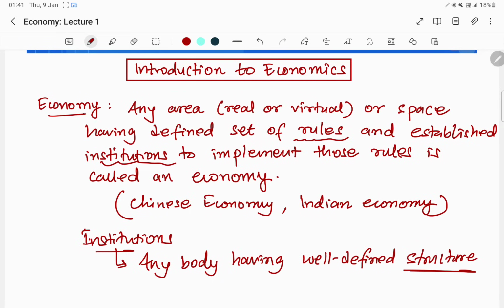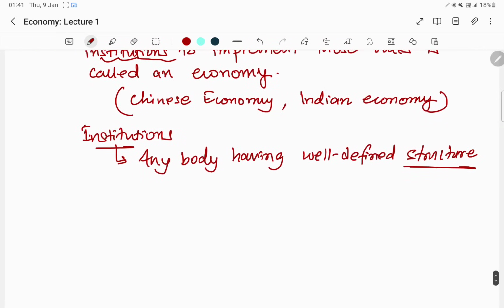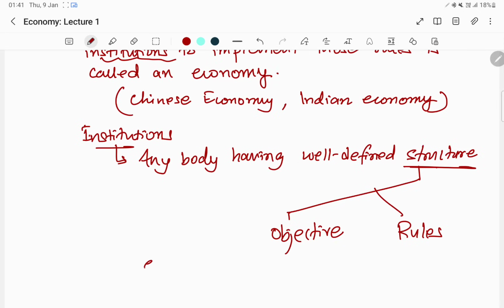Any body having a well defined structure is called an institution. But what do we mean by structure? So structure means two things for us. One is it has its objective, and number two, rules to achieve those objectives. Example, we have police as an institution, we have schools as an institution. These are institutions. They have objectives and some rules to work, right?